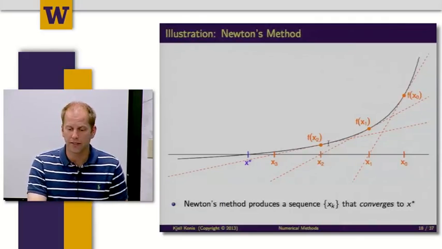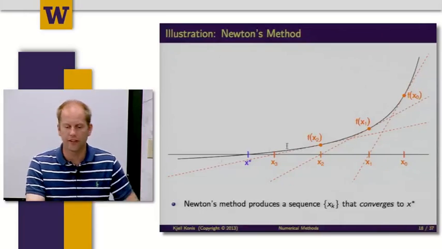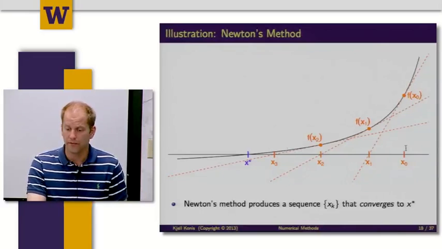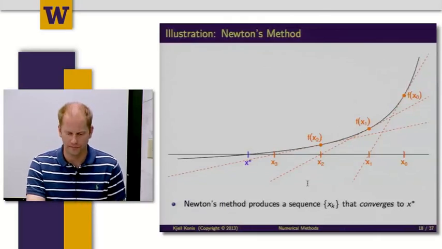Because the slope of the dotted line is always going to be a little bit steeper than the curve to the left of wherever I make the approximation. So just looking at the size of these steps, you can see that the next one is going to get us pretty close to this pretty quickly.